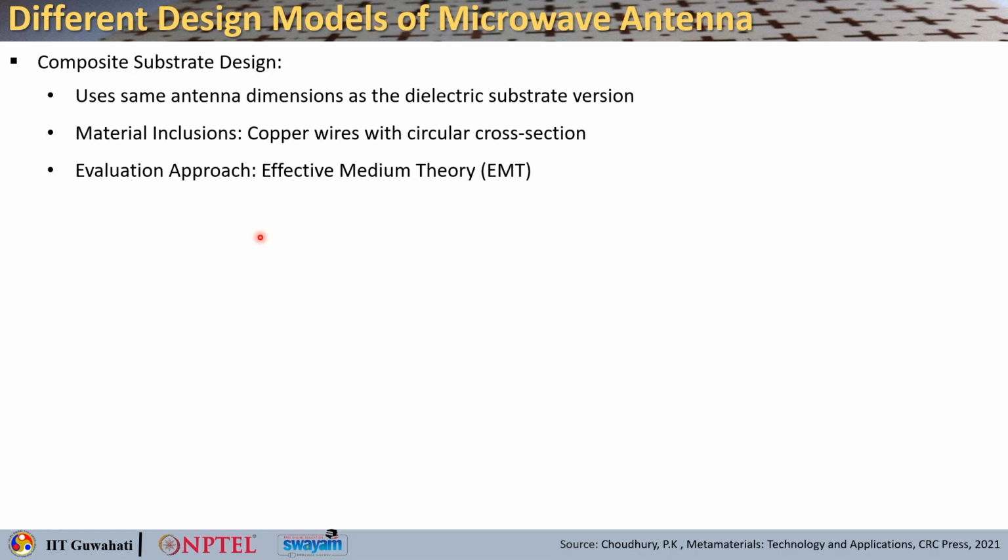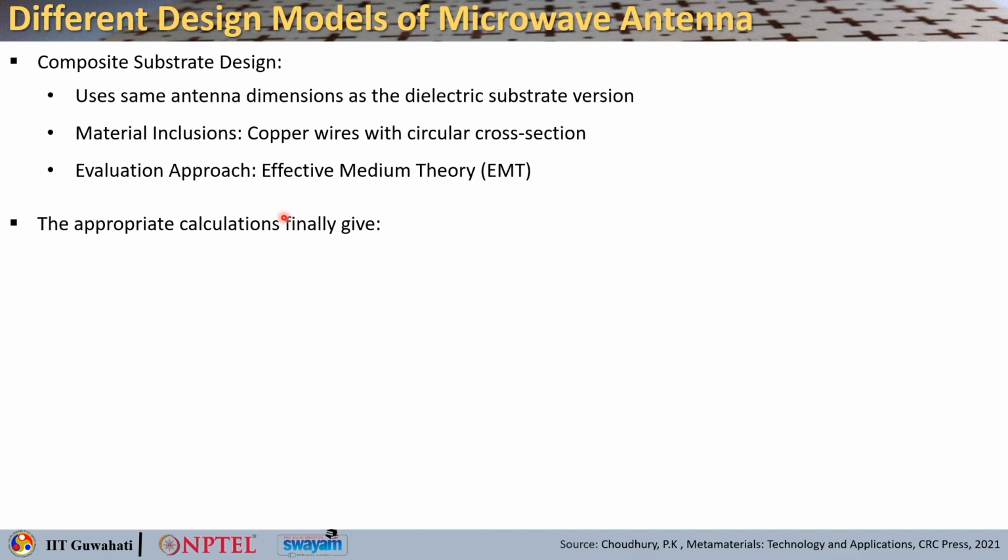Now, the dimensions of the antenna with composite substrate are the same as the dimensions of the antenna with dielectric substrate, right. So, let us evaluate the material parameters of the composite substrate, that is the epsilon m, mu m and r.